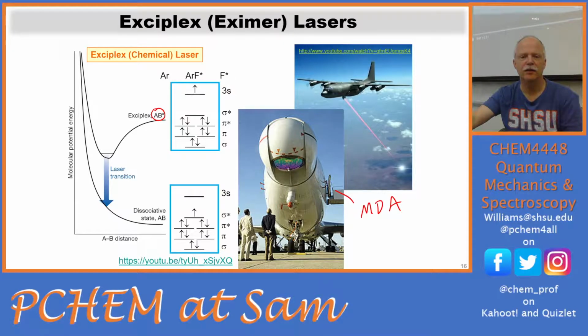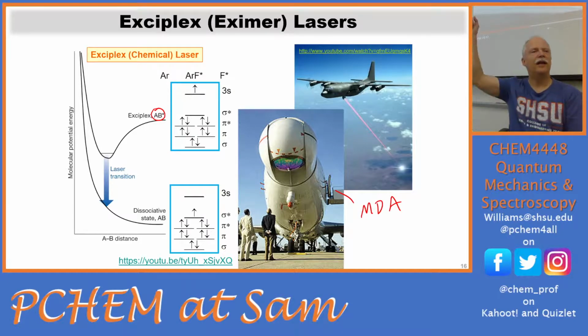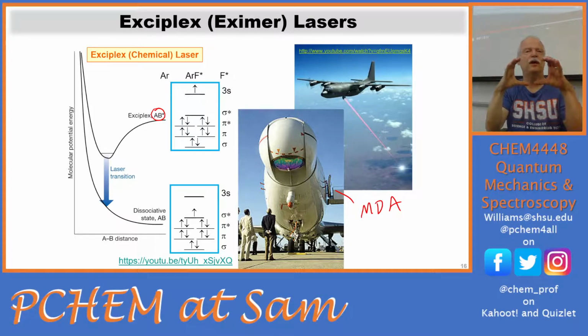Okay, so that's the hood of a car, like a Jeep or something. Look how stable the beam is. That's on a plane. It's flying, way up there, and it's burning a hole in a 1 foot square on the hood of a vehicle.